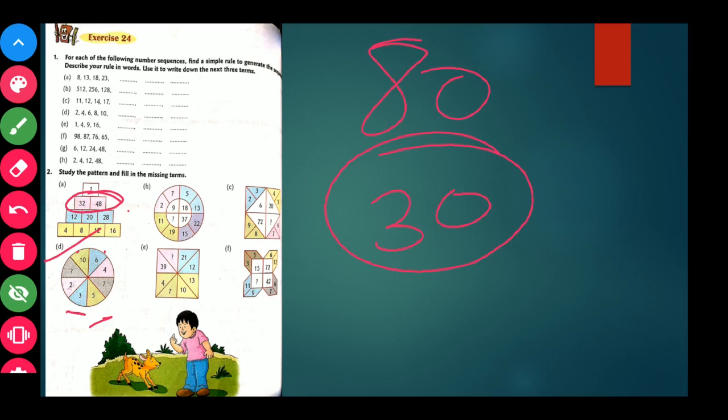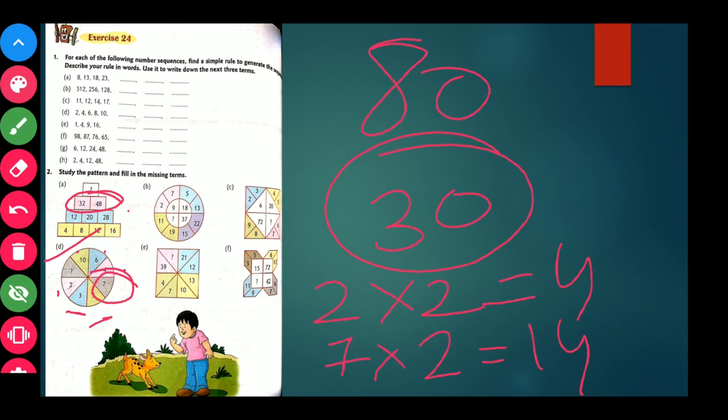Similarly, see here in pink strip 2 and here 4 is given. So what you do in 2 to get 4? Multiplied by 2 to get 4. So what will we do in 7 to get this answer? 7 multiplied by 2 and the answer will be 14 in the place of this question mark. Your answer will be 14.